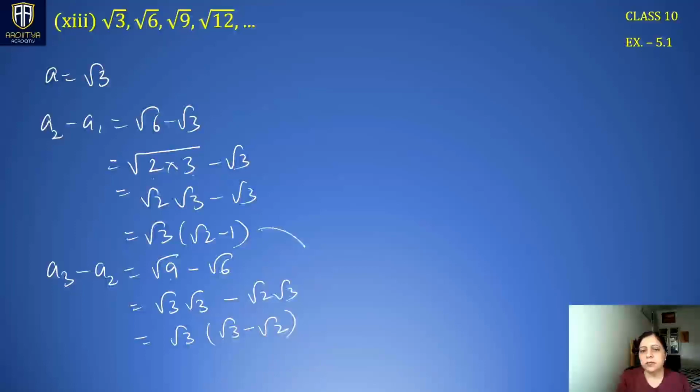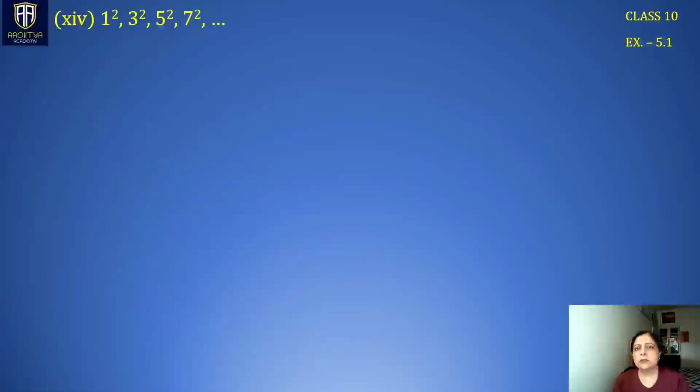So you can say that this is not an AP because the common differences in these two pairs are not the same. So this is not an AP, right? Next question is 1 square, 2 square, 3 square. You can very conveniently say that this is not an AP because they have large differences between them.